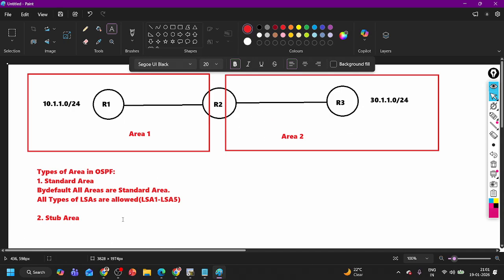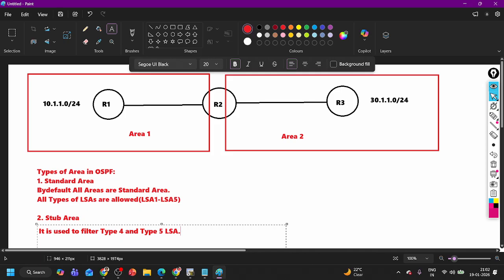I can configure area 2 as stub. A stub area is used to filter type 4 and type 5 LSAs. Type 4 and type 5 LSAs are not allowed in a stub area.